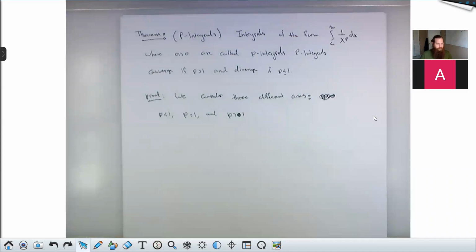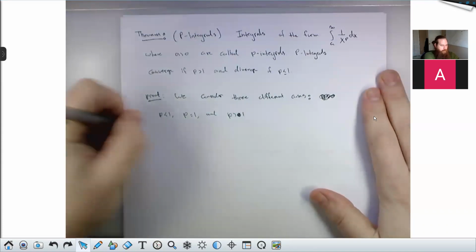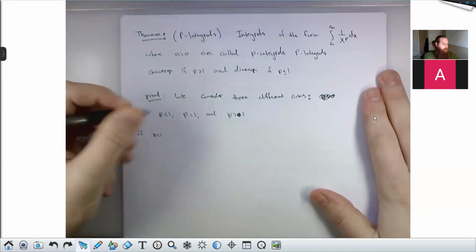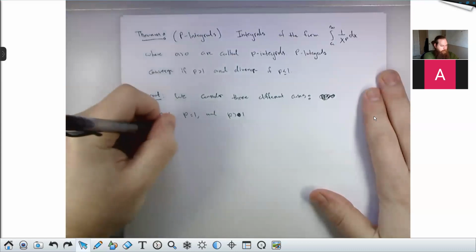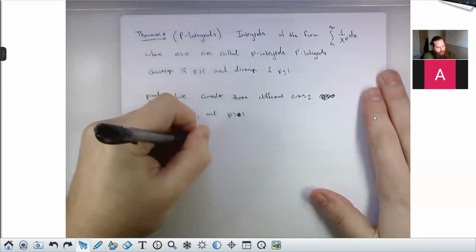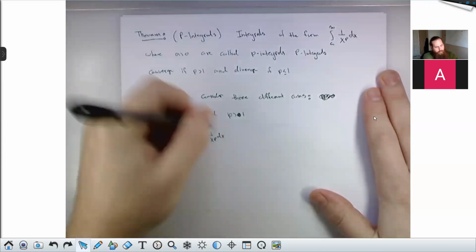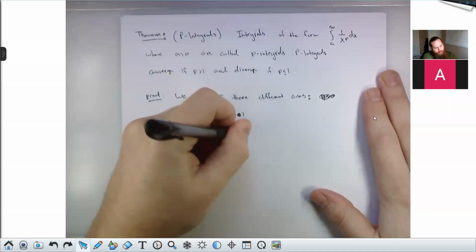All right, we consider 3 cases. If P is less than 1, then the integral from a to infinity of 1 over x to the p dx, I just compute as the limit.